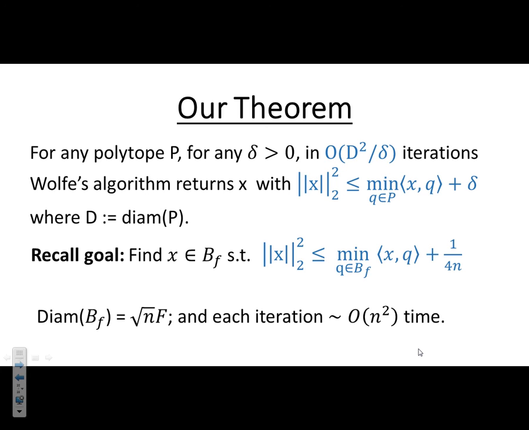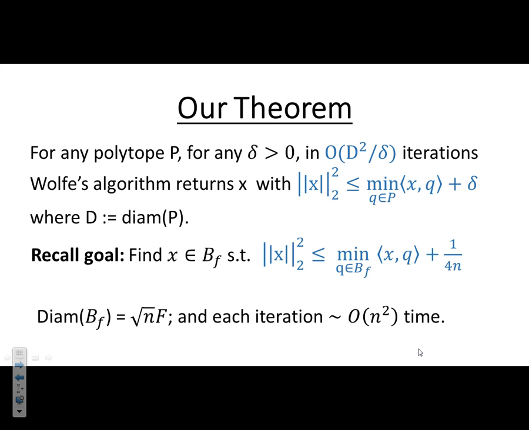This is already there in Wolfe's paper, as someone pointed out. We are doing either linear programming, which is just an n log n plus n calls, or we are doing the affine minimizer, but we are doing many of them, so you can amortize it to order n squared time. So each iteration takes order n squared time amortized, and there are n squared F squared iterations. That gives me n to the 4 F squared. So that's the state of affairs of Wolfe.